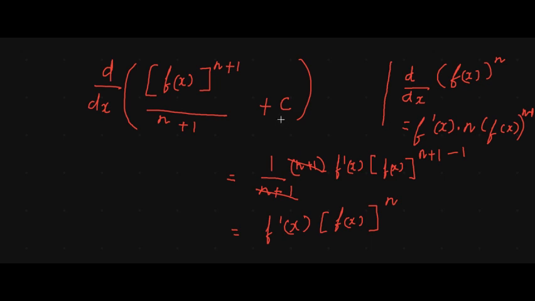Again, the plus c, when you find the derivative, that's going to be 0. So that is your answer. These are the chain rules that you will have to remember in order to find antiderivatives.